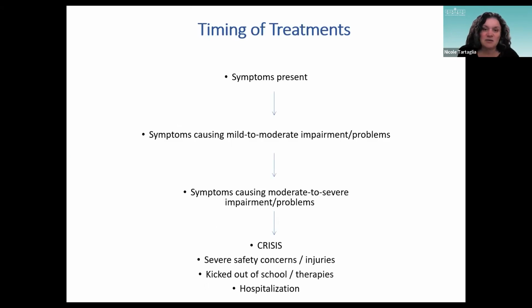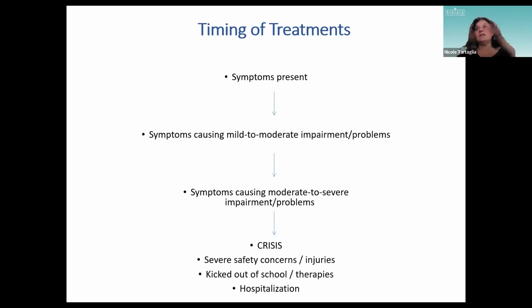In terms of timing, there's a big spectrum of when things can cause difficulties. Symptoms can just be present, like the anxiety we talked about. Then it can be causing mild to moderate impairment, moderate to severe problems, and then you end up in crisis for some situations.